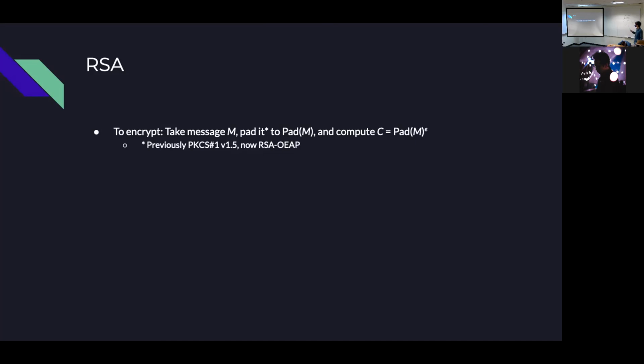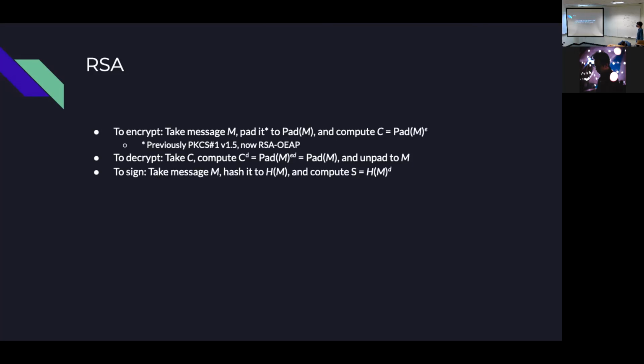We need some scheme that pads the message in order to make it randomized and make sure it's not 1. Again, it's kind of finicky. But to decrypt it, now we know that this is pad of M to the power of E. We're going to raise this to the power of D, so we get back our original pad of M. And this padding scheme is going to be reversible. So from here, we can get back to our M.